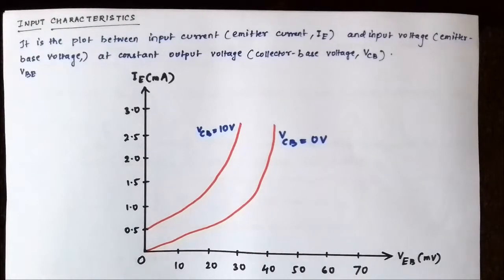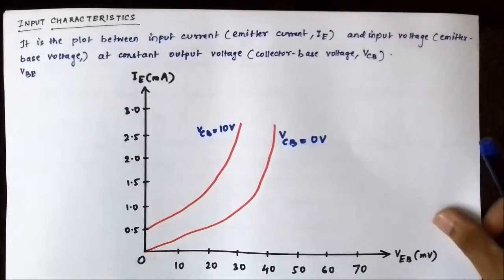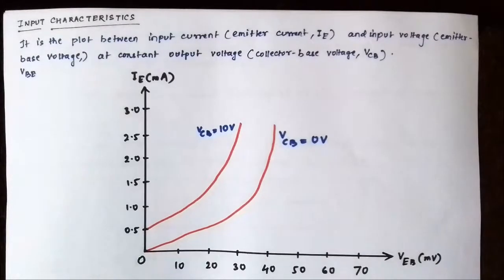So basically it is a plot between the emitter current and the emitter base voltage at constant output voltage. Now the output voltage for a common base mode BJT is the collector base voltage, VCB. So the input characteristics for a common base configuration BJT is a plot between the emitter current and the emitter base voltage at constant collector base voltage.